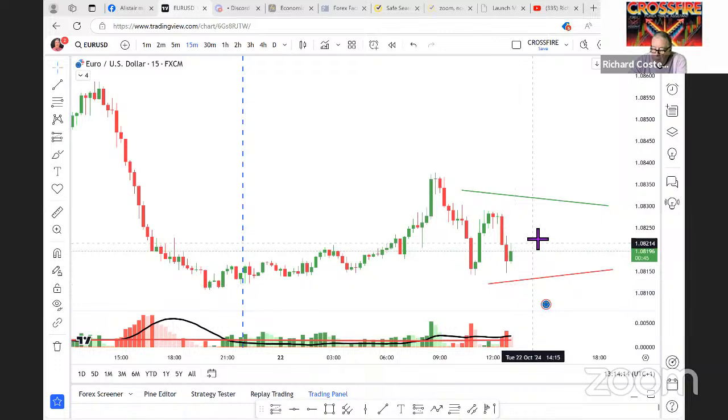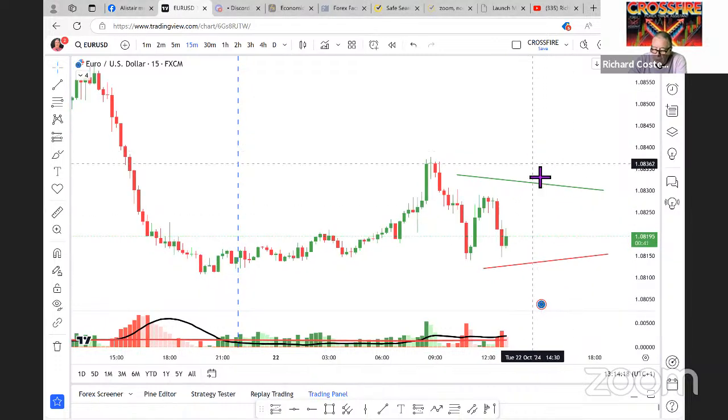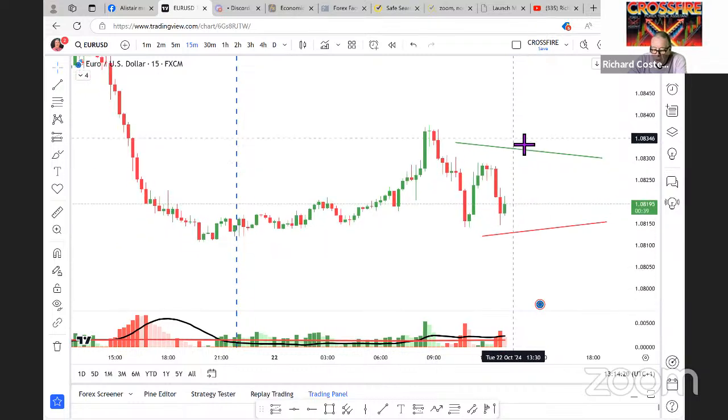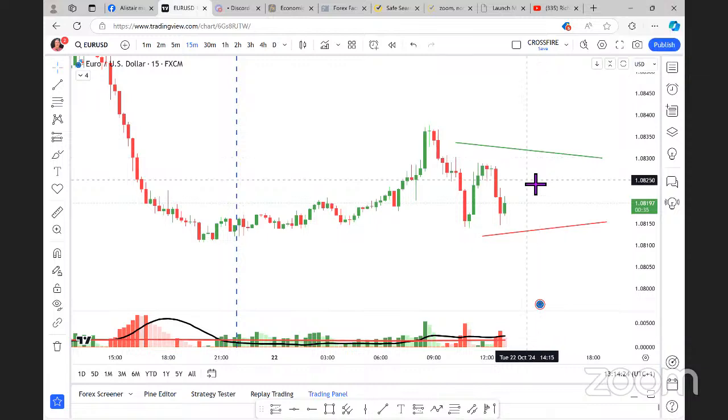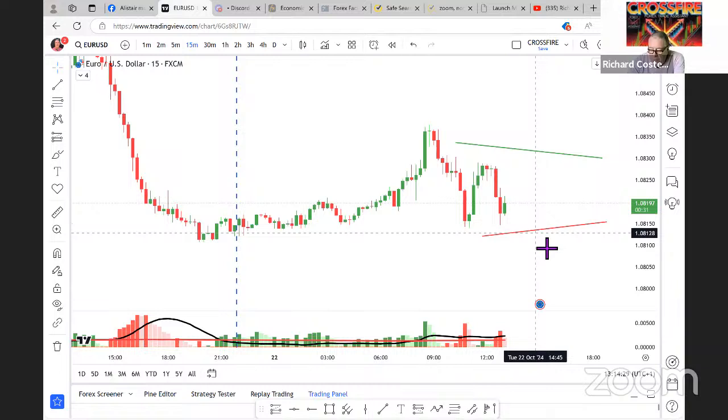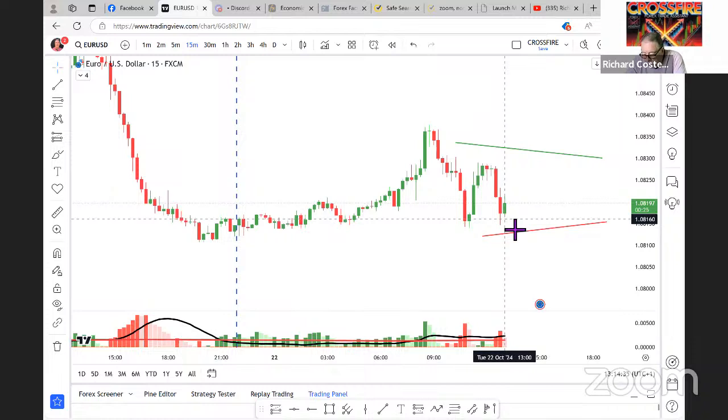if you remember if you've watched me do this before, I draw 2 trend lines. Very roughly, I put a green trend line somewhere above where price is at the minute, and I put a red trend line below where price is at the minute. I wait for that candle there, which is a 1 o'clock candle, to close.